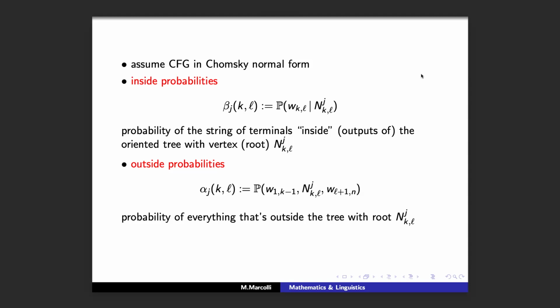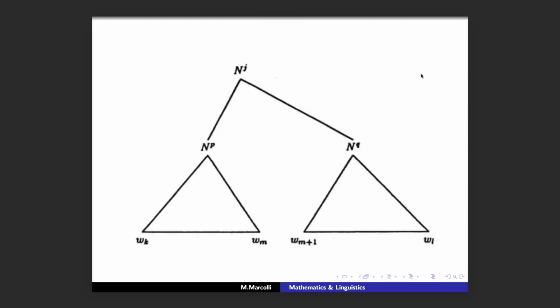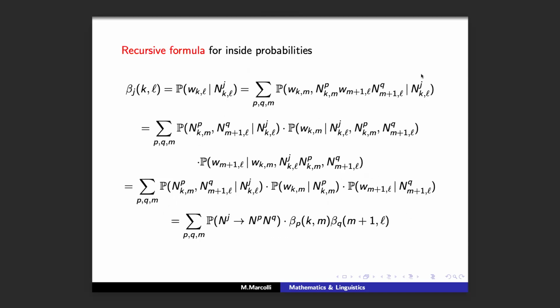This particular Chomsky normal form for the presentation of the grammar allows you to get a recursive way of computing these probabilities. Essentially, because you know that at each step you have a binary splitting, and then these other subtrees, the interior probabilities reduce to two pieces separately for the corresponding splitting.